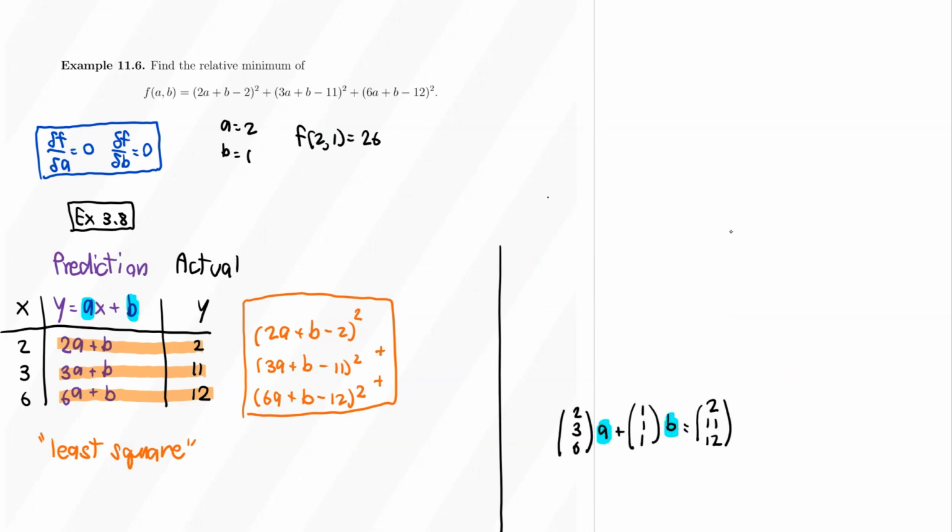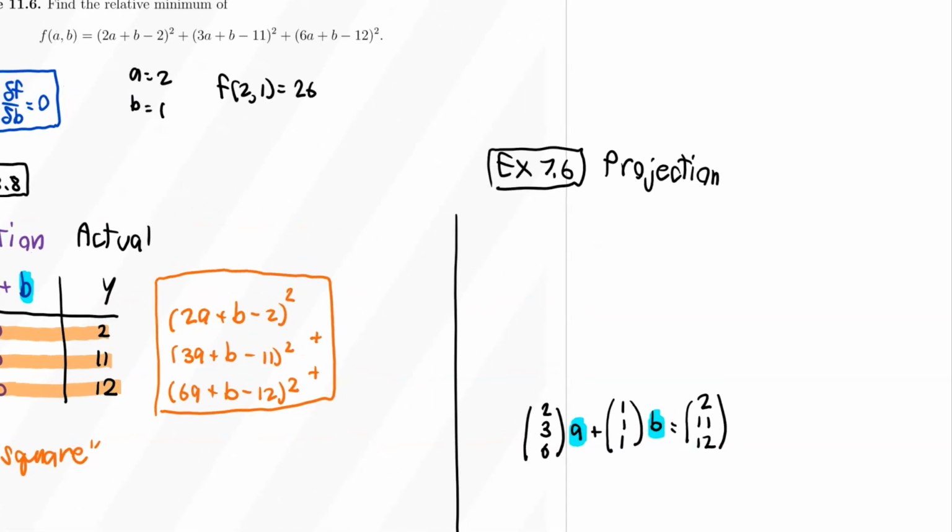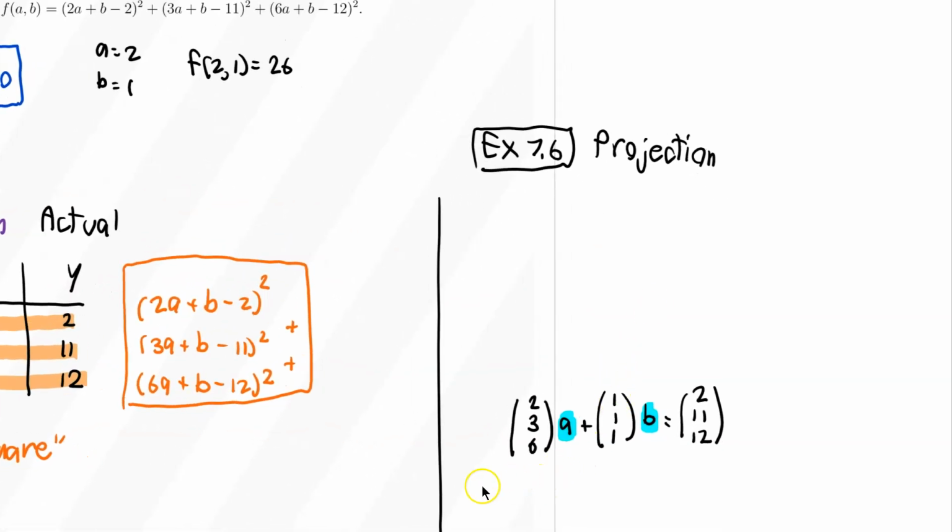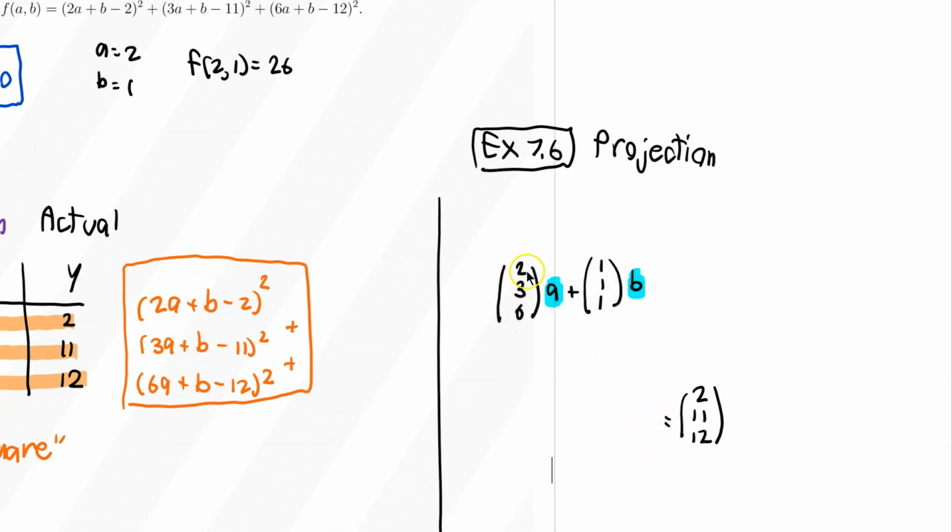Let me move this further down. Back in example 7.6, we used the method of projection to find the closest point. But let's say that I would like my vector in the span, which is (2, 3, 6) times a plus (1, 1, 1) times b, to be as close to this vector as possible.